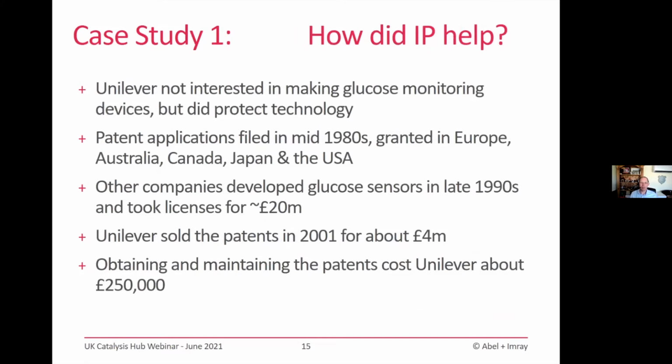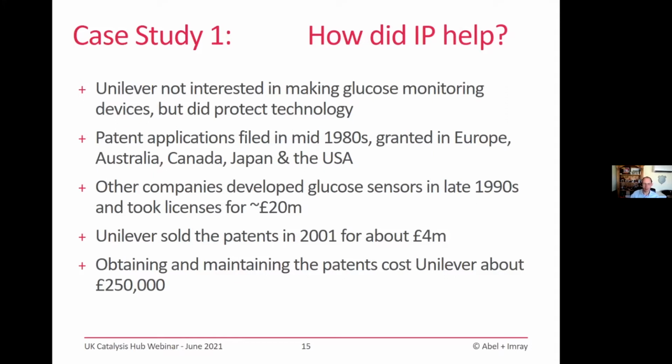But how did IP fall into the commercialization strategy here? Well, Unilever's research arm looked at all sorts of different things and actually concluded that this particular invention, which had this application in glucose blood level monitoring, wasn't something that they were going to commercialize.